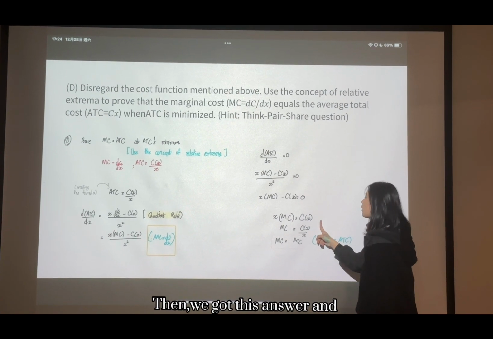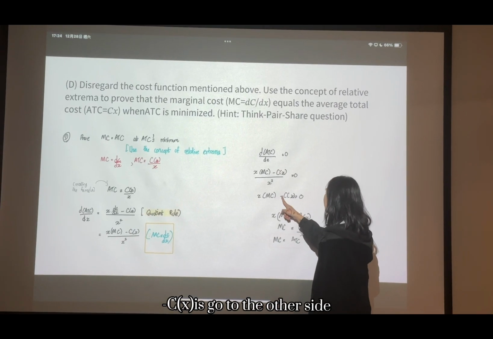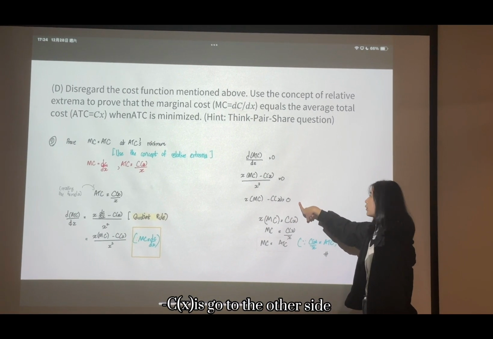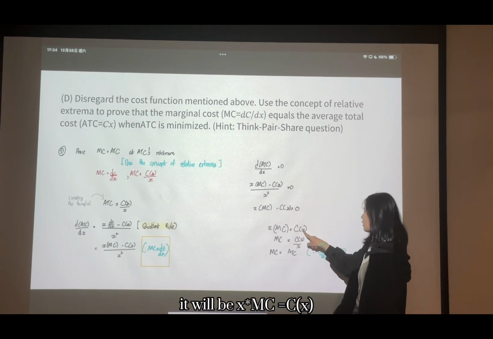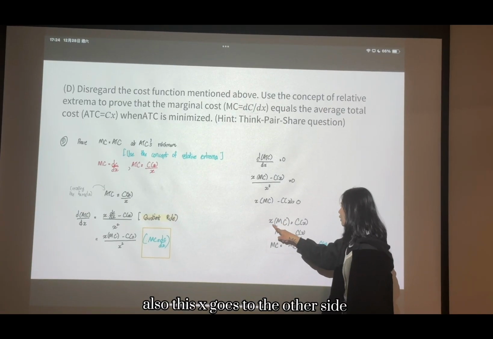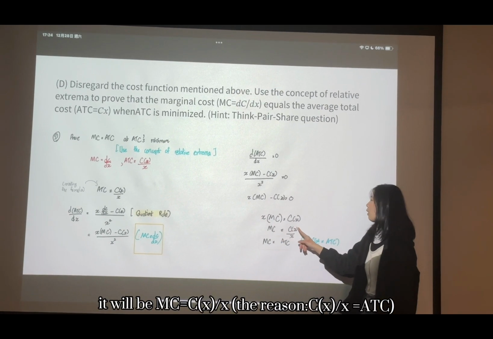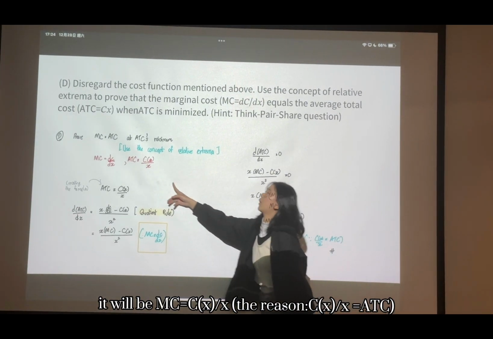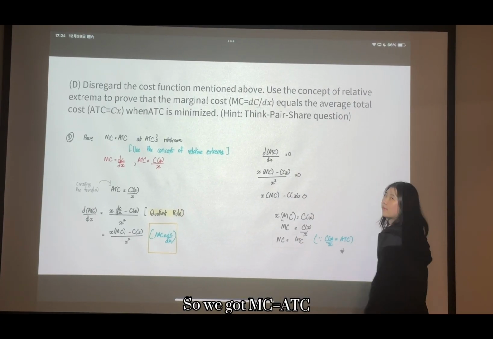Then minus C of x goes to the other side, so it will be x MC equals C of x. Also, this x goes to the other side, so it will be MC equals C of x by x. And C of x by x is equal to ATC. So we got MC equal to ATC. The end.